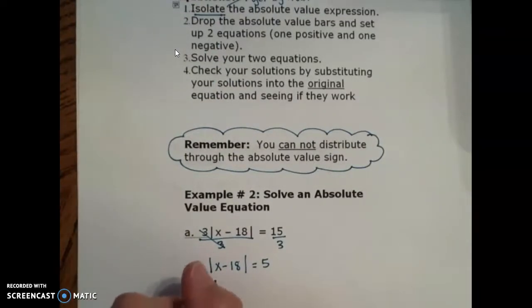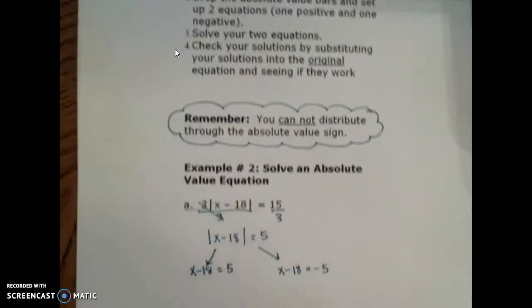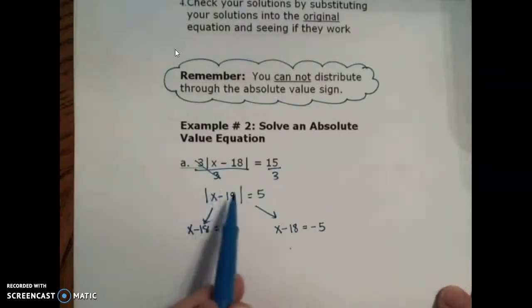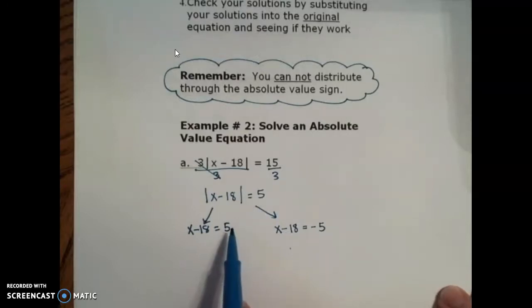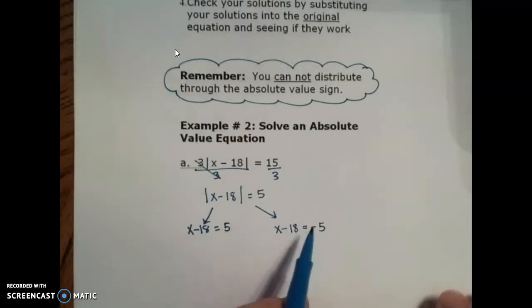So I'm going to drop the bars, set up the positive, drop the bars, set it equal to the negative. So what's in your absolute value bar is going to stay the same. You're going to set it equal to the positive value and to the negative value.